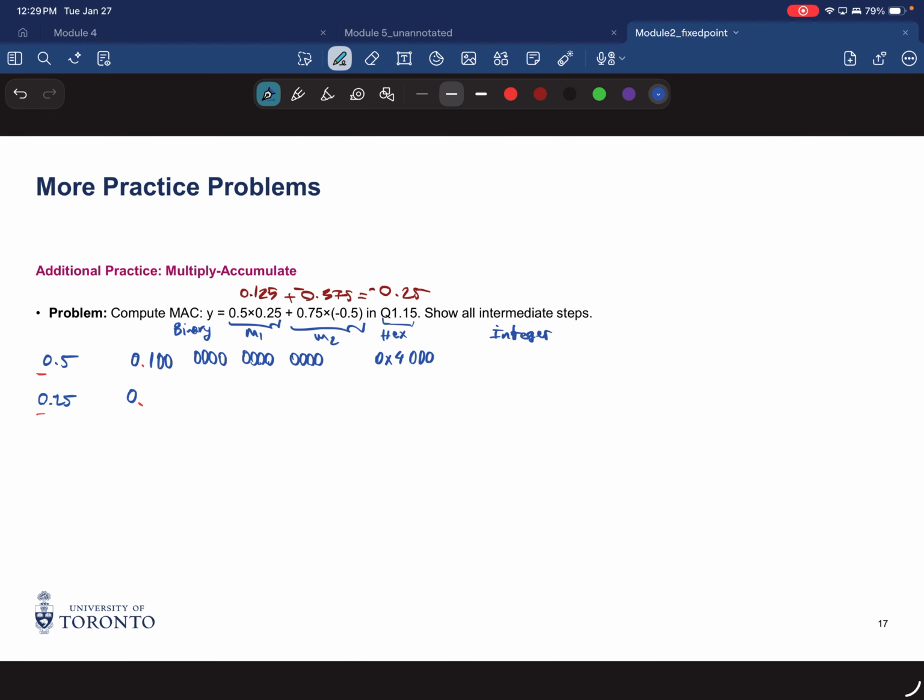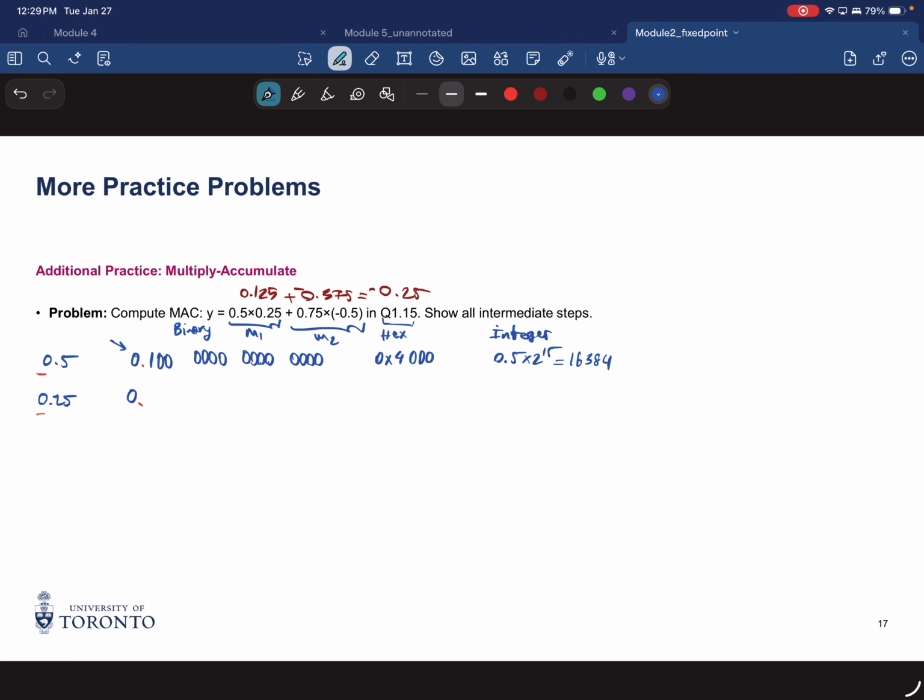If you wanted to translate this as a 16-bit integer, how much would that be? 2 to the power of? 15. Perfect. And that is 16,384.